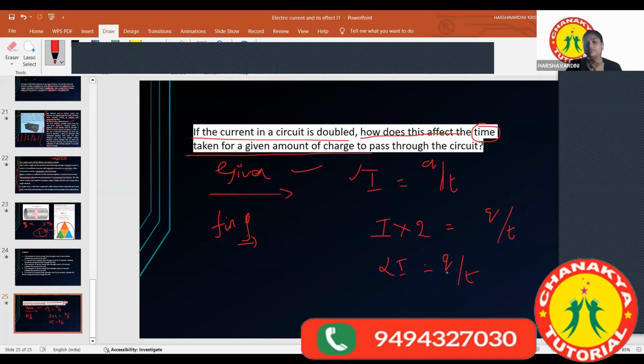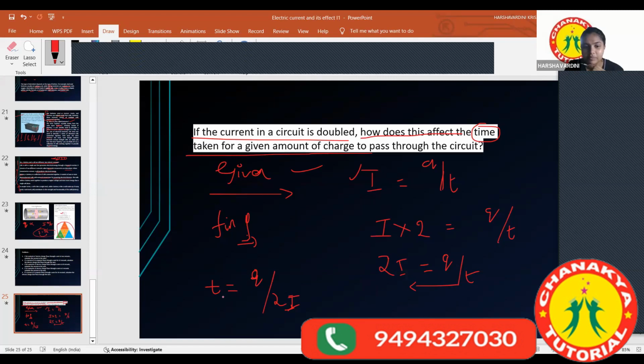Wait, you have to go step by step. 2I into T will become Q. Ma'am, the time would decrease. First, T should go this way. So T is equal to Q by 2I. Correct? Yes.